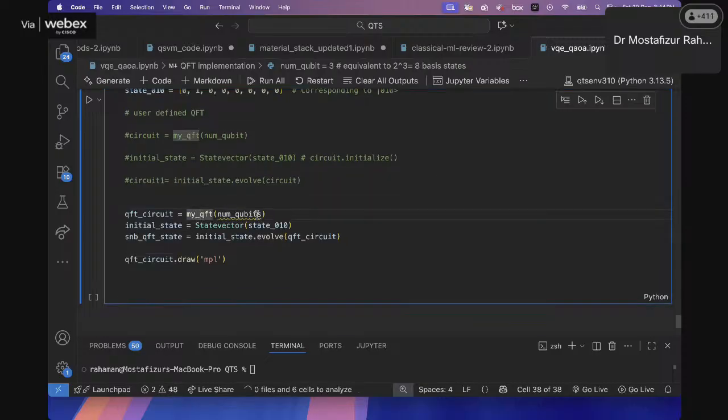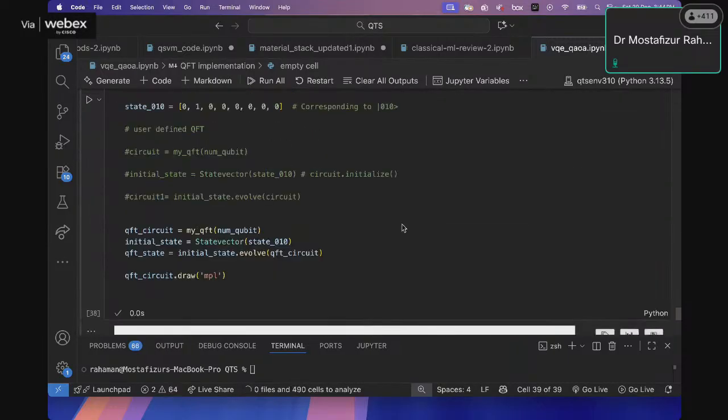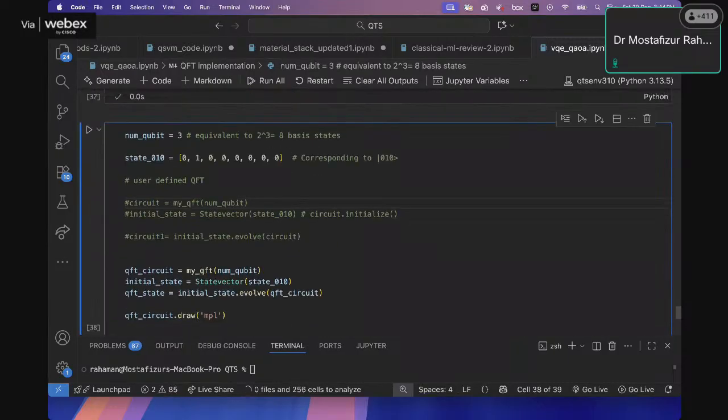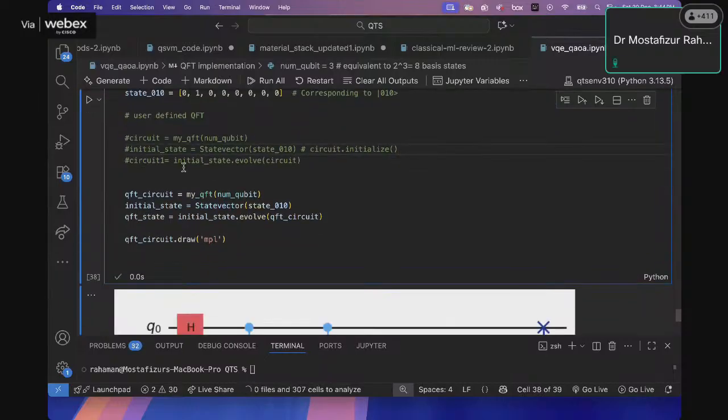So my qubits, num_qubits, sorry, 101. Yeah. What I have done is the same thing. Because of the confusion of the variable name, I just put QFT circuit instead of circuit. That's okay. And I put another variable name, QFT state, for example.